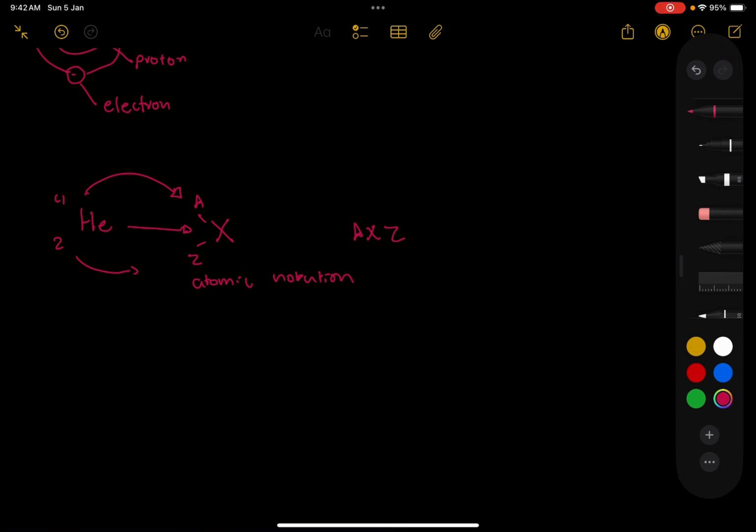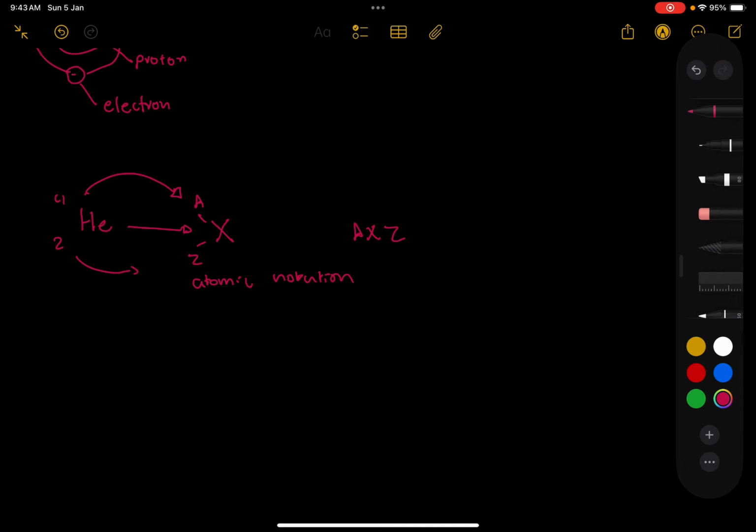So the mass number is the sum of the protons and the neutrons, and the atomic number is the proton number or the electron number if it's a stable atom. And the proton number always stays the same no matter what. The electron number is what occasionally varies in an ion.